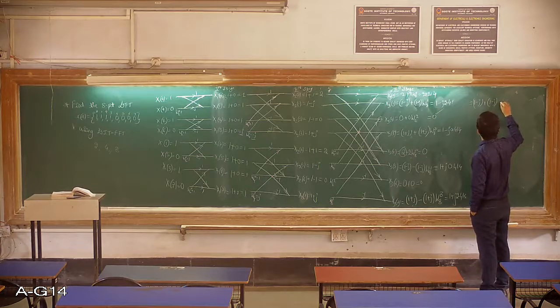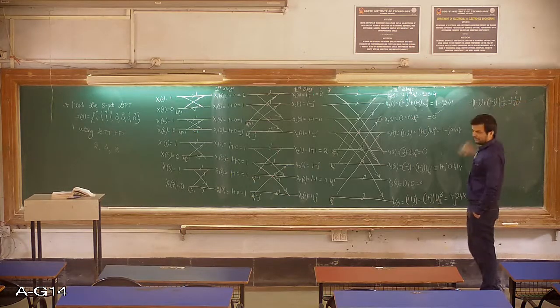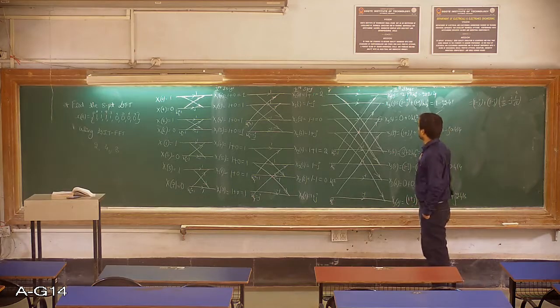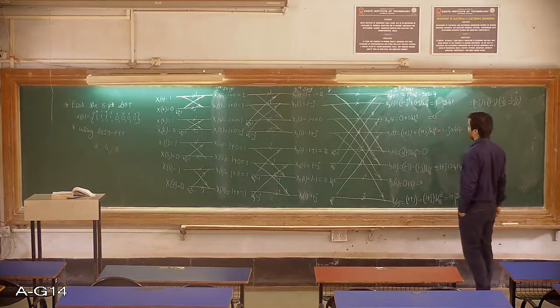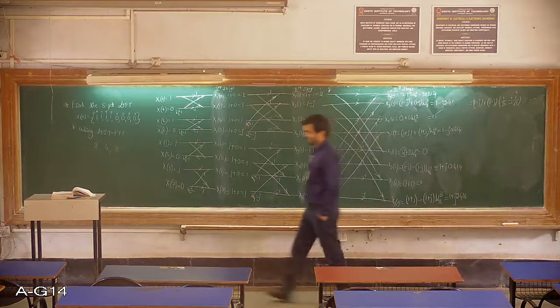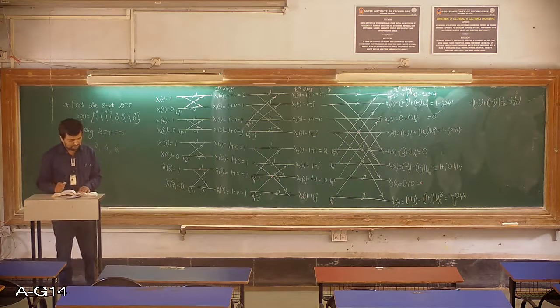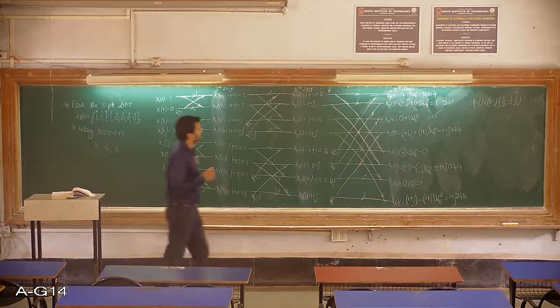W8 of 1, what is the value? 1 by root 2 minus j of 1 by root 2. Substitute these values in the calc. So we can write the DFT in the sequence, right? At the end you have to write the values.